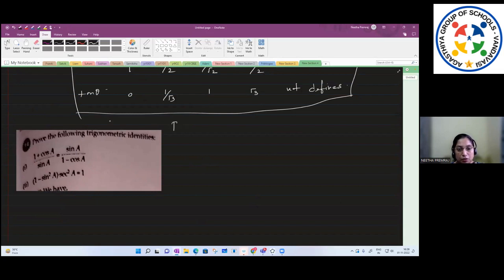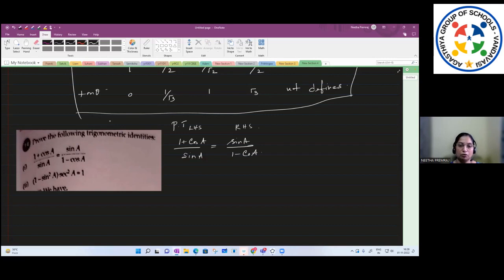Here you want to prove that (1 plus cos A) divided by sin A equals sin A by (1 minus cos A). See, how do you prove a sum? This is LHS, left hand side. This is RHS.